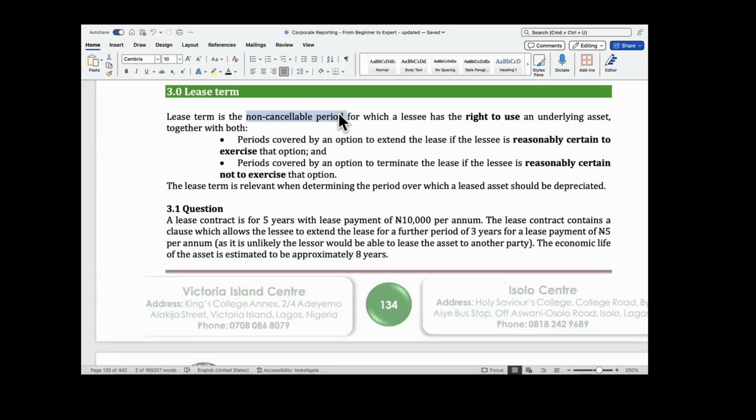And this non-cancelable period might be extended. So it can cover periods covered by an option to extend, meaning they can decide to extend, that is, if the lessee is reasonably certain to exercise the option to extend.